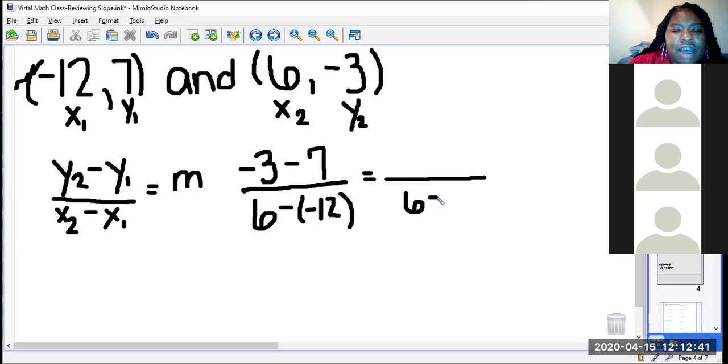But what about the top? -3 plus negative 7. Okay, so I would have -3 plus -7, because remember, keep, change, and the opposite of 7 is -7.